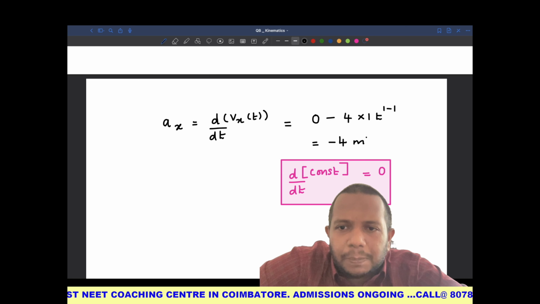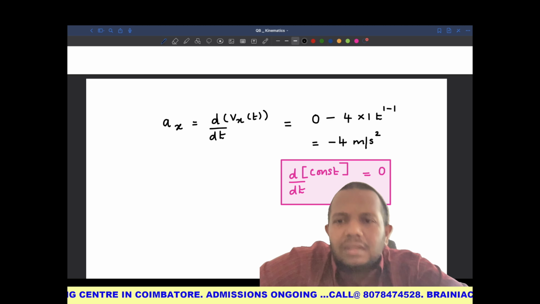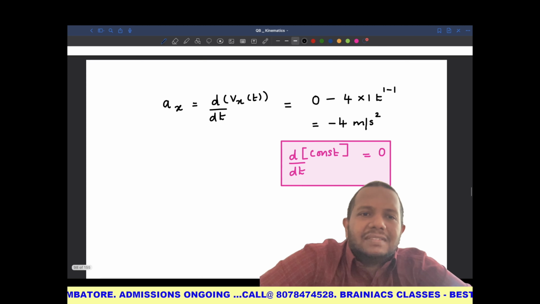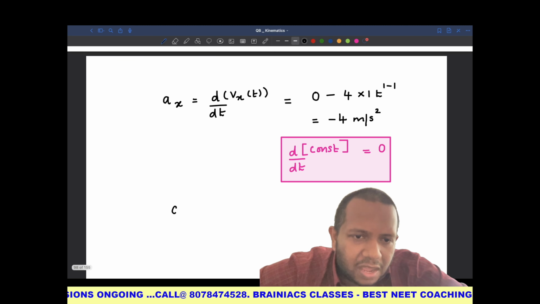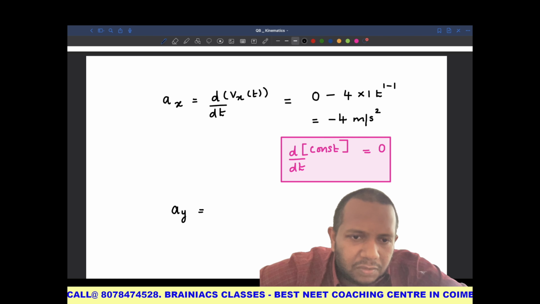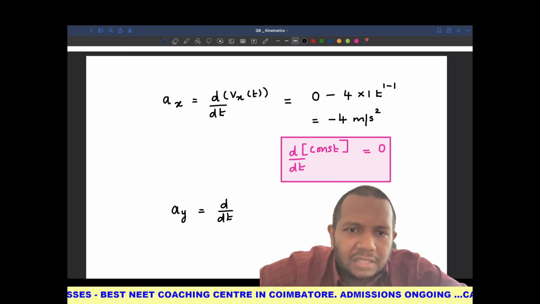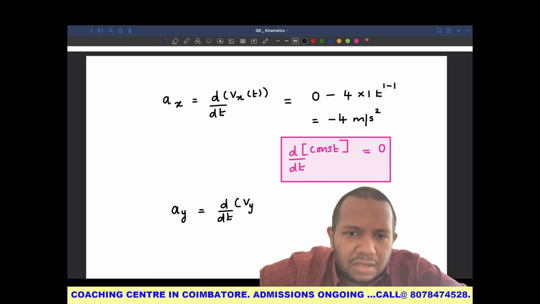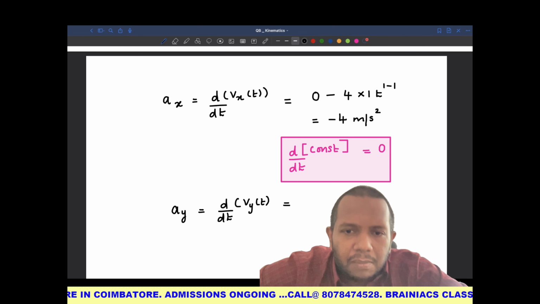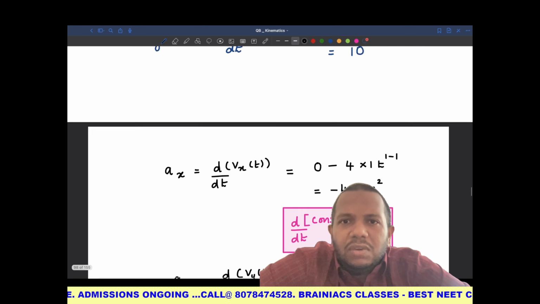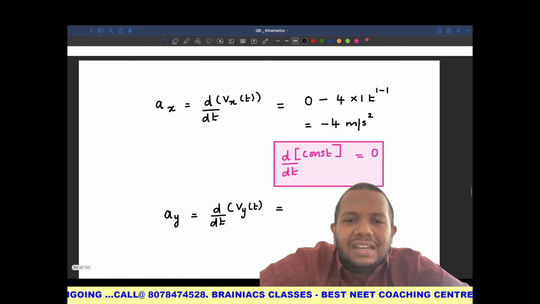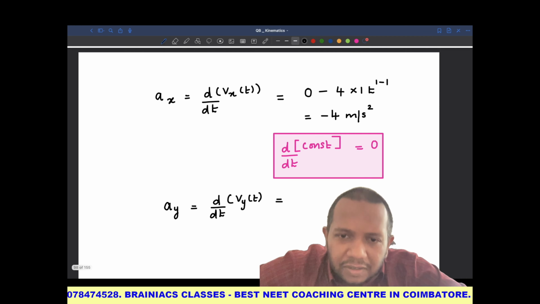Okay, meter per second square, since it is acceleration. And similarly the ay component, we know that is d by dt of vy, which is a function of time. But here, vy is already 10, a constant, which on differentiation will give you 0.